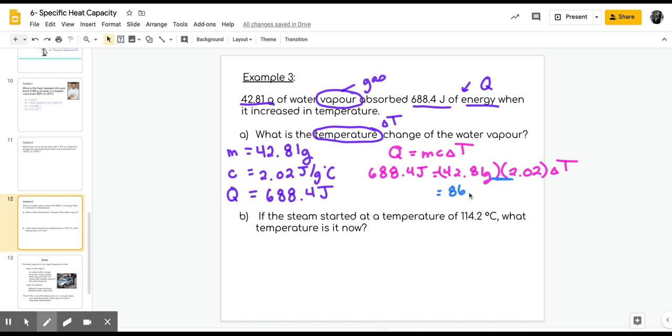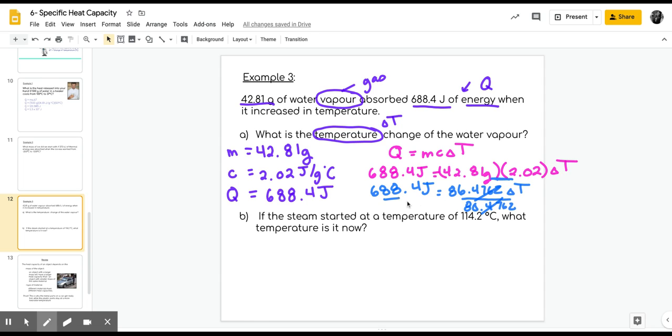Times delta T. 688.4. I haven't done anything to this side, so I'm just following my work through. This is being multiplied by delta T, so the opposite of multiply is divide. 86.4762 cancels out.